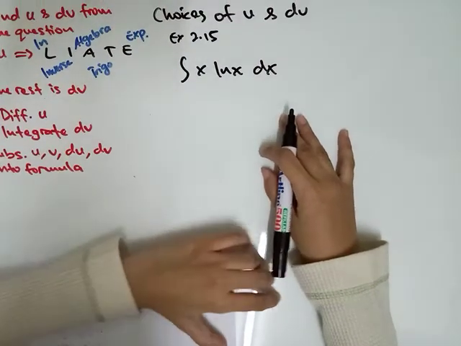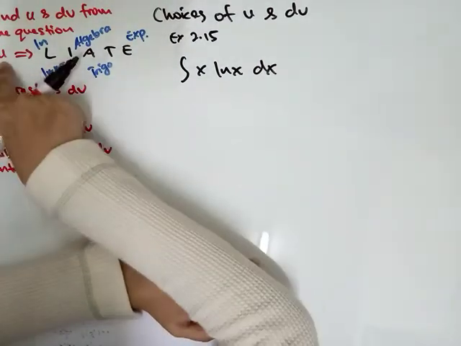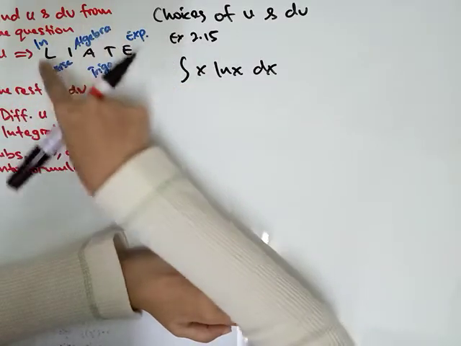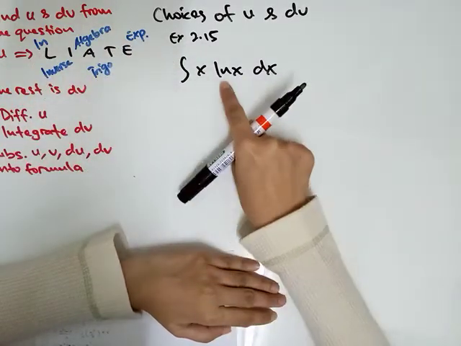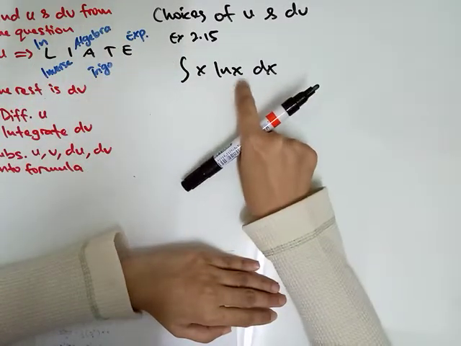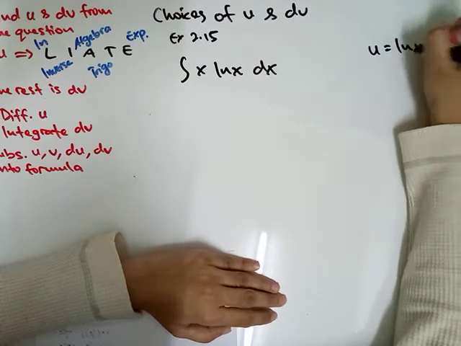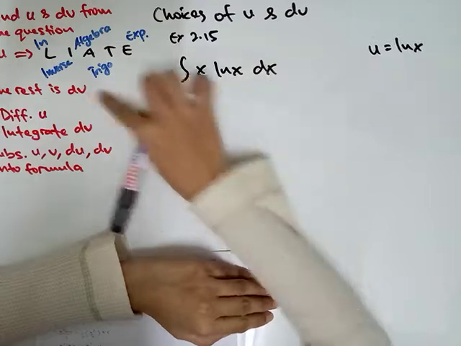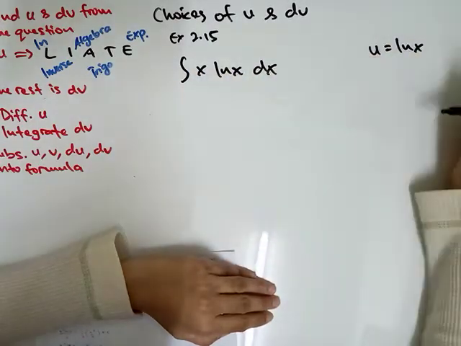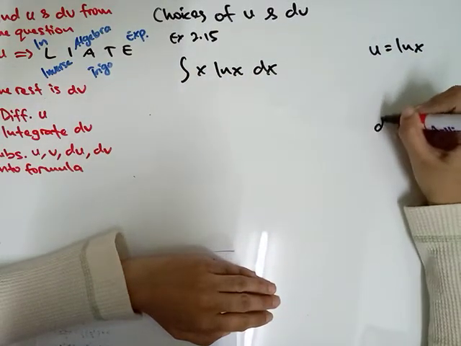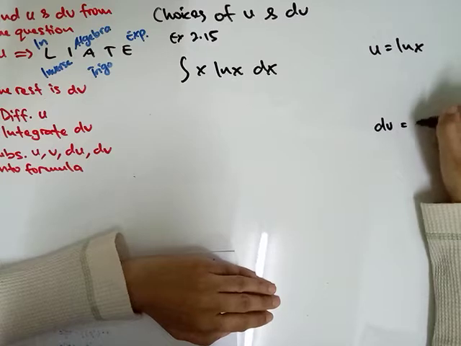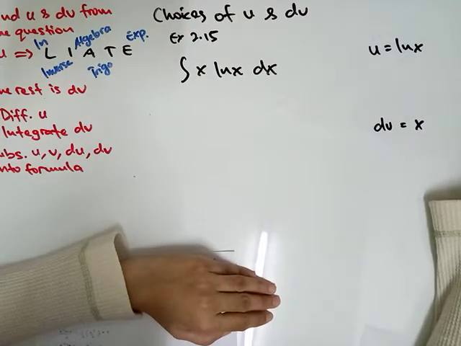So, we need to let u first. Follow this sequence. First is ln. Kita jumpa apa dulu kat sini? Ln. So, ln x is u, and the rest would be dv. So, x is dv. So dv is equal to x.